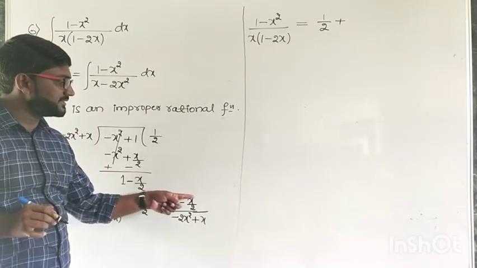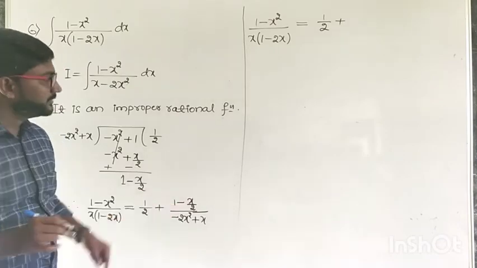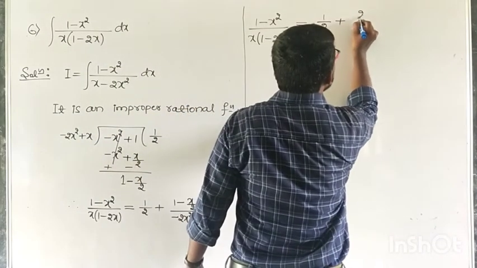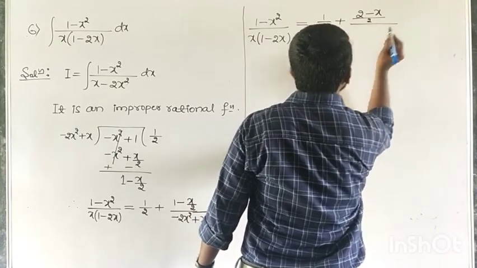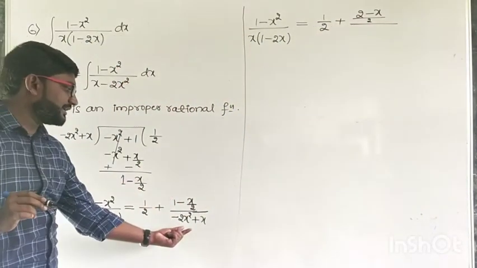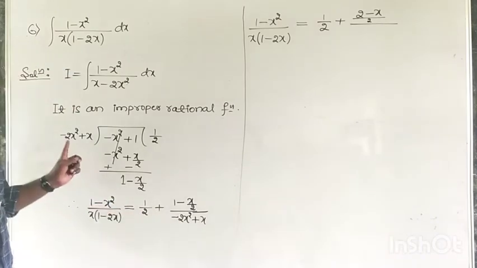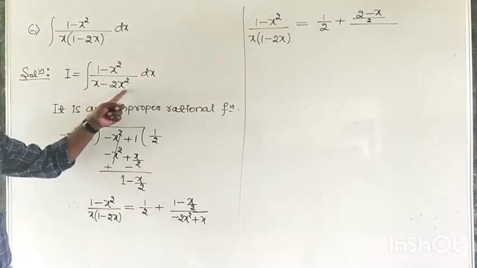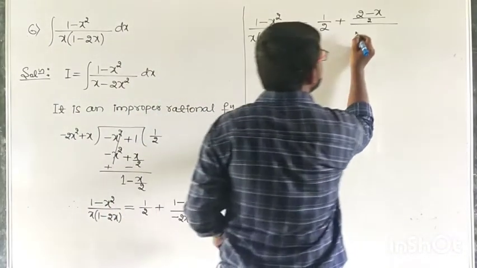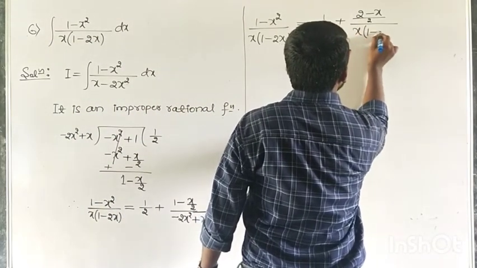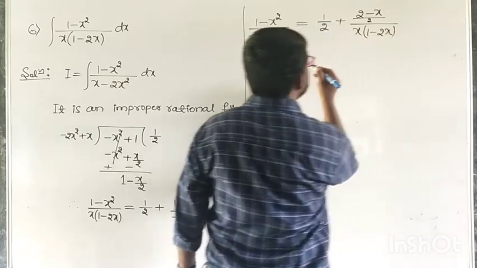We get (2 minus x) divided by 2, then whole divided by minus 2x square plus x. What is this minus 2x square plus x? It is nothing but x into 1 minus 2x.